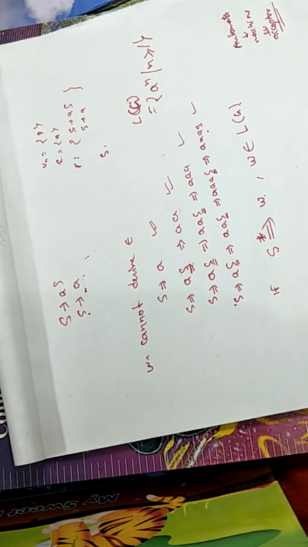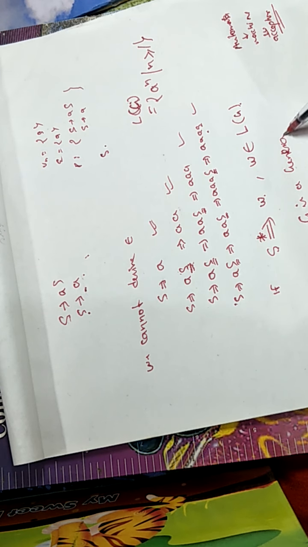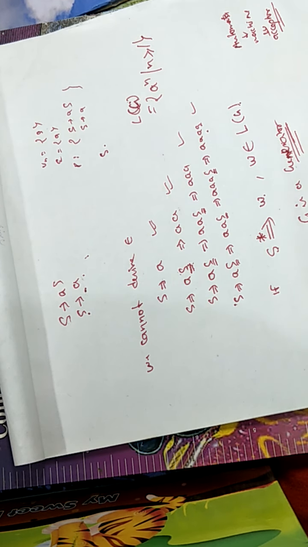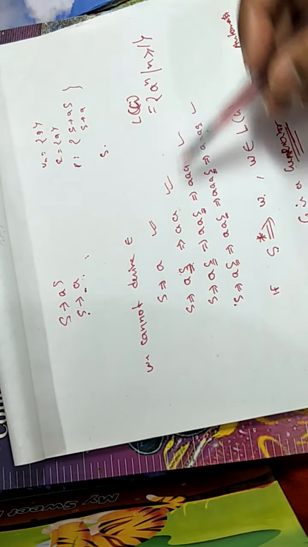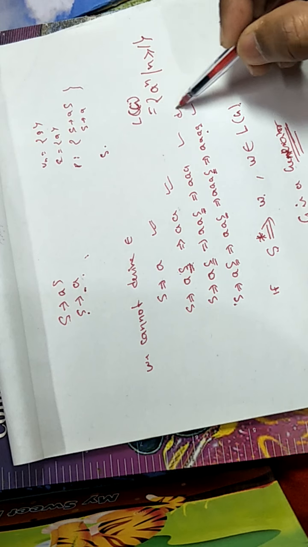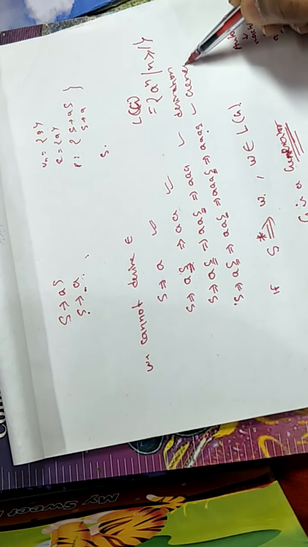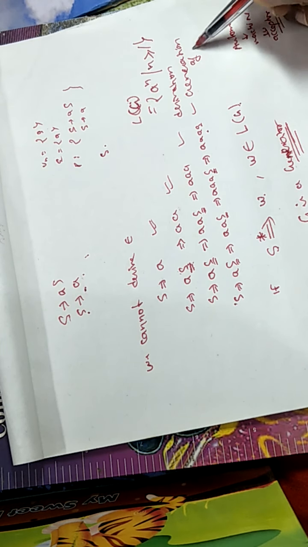And what is grammar? Grammar is a generator for a language. We generate the strings of a language using some productions, using some steps. And the steps used to derive a string, and the procedure to derive the string, is known as derivation. It is also known as generation of a string.